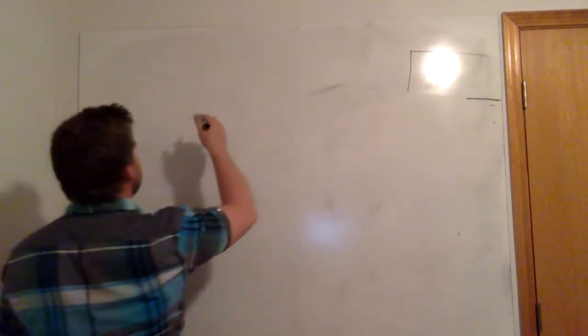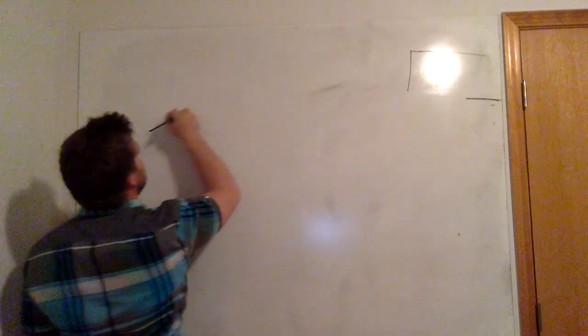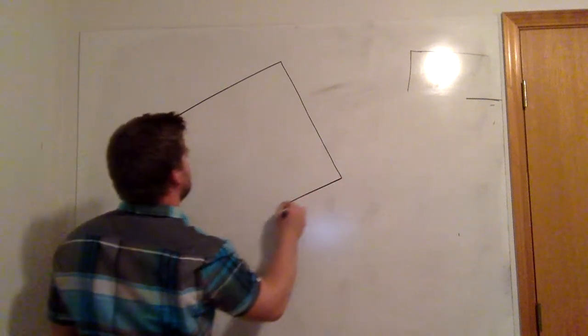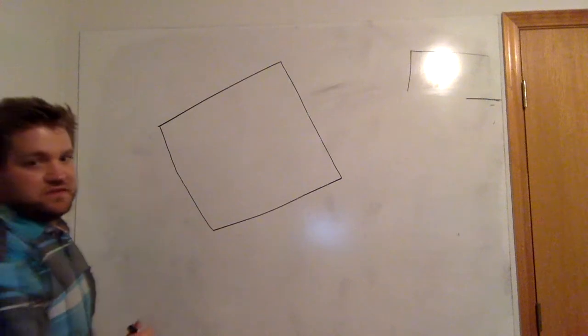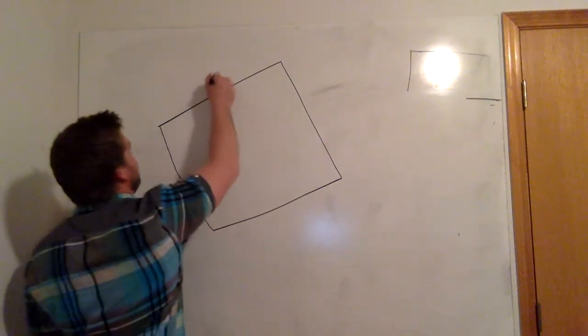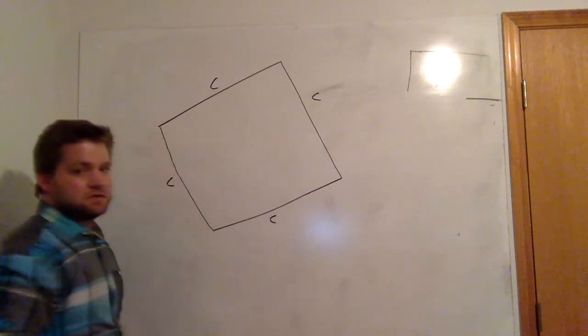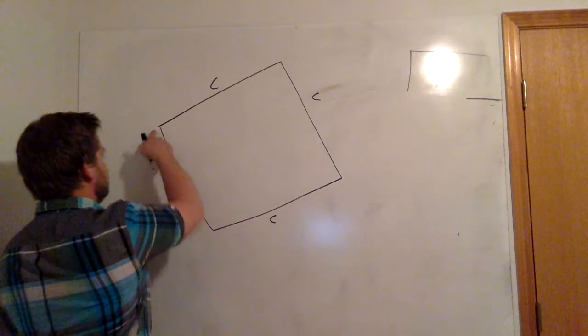Okay, so we're going to draw a square. Kind of a tilted square. So, and let's say this square has side lengths C. And now what I'm going to do is I'm going to create another box that kind of touches these corners.